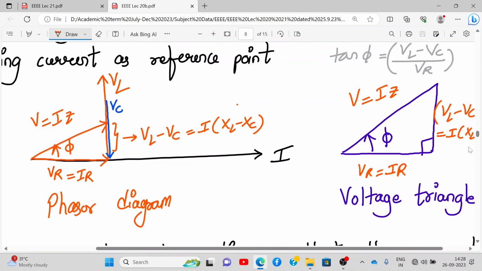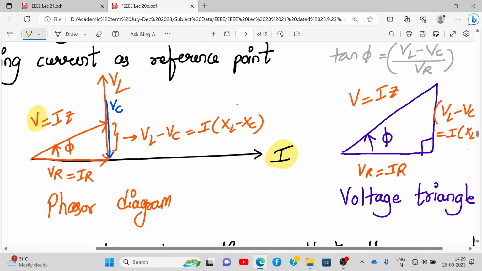Current I is lagging behind the applied voltage by an angle phi, where phi is less than 90. So what is the nature of the circuit? Inductive. Wherever the current lags behind the voltage, it is inductive.